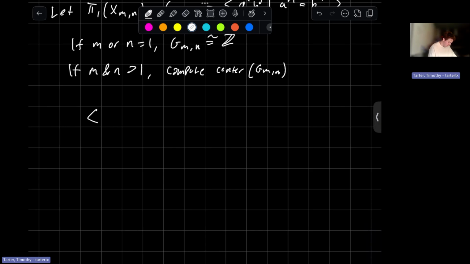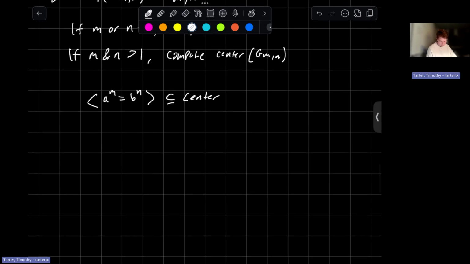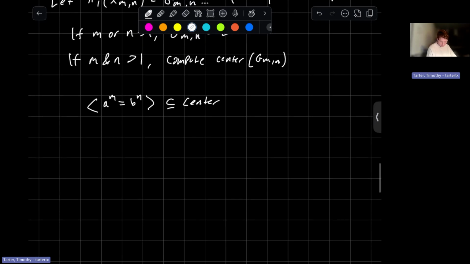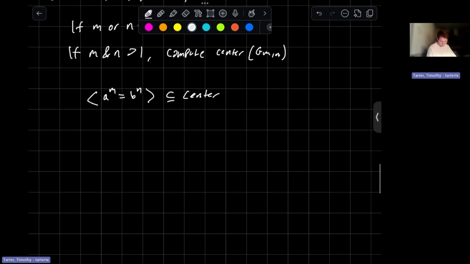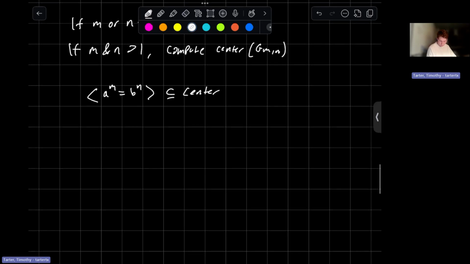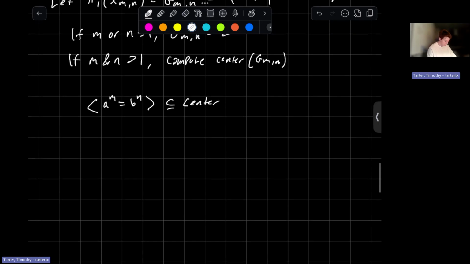And so we know that a to the m equals b to the n. Either one that you choose to do lies within the center because it commutes with the other. And we're going to call this set C.